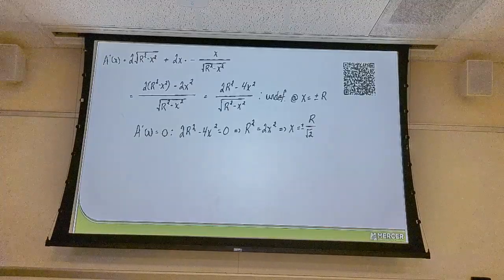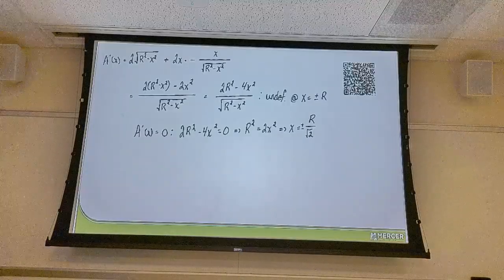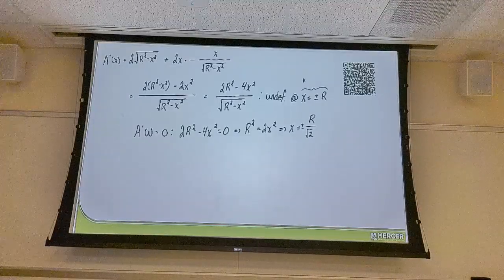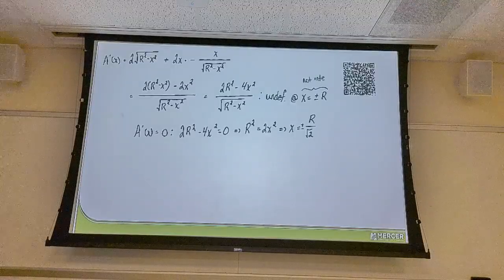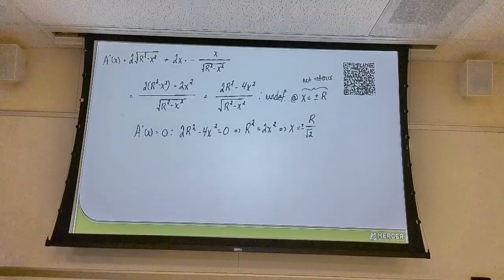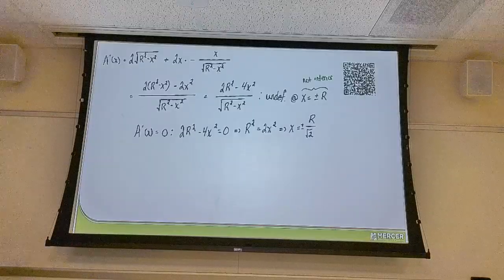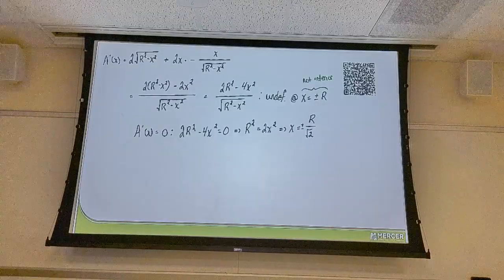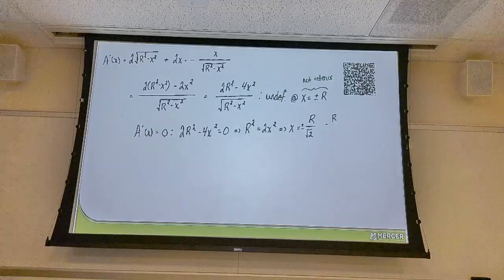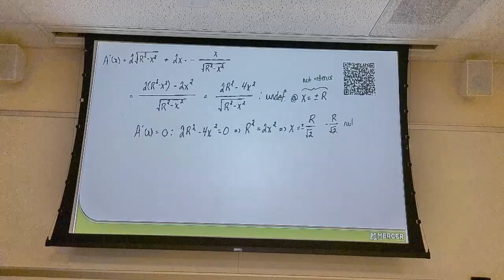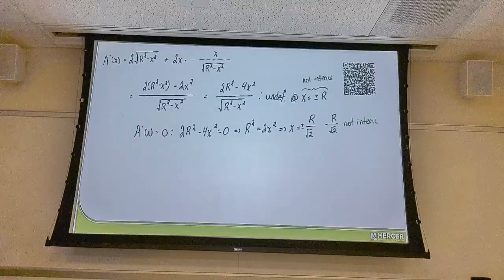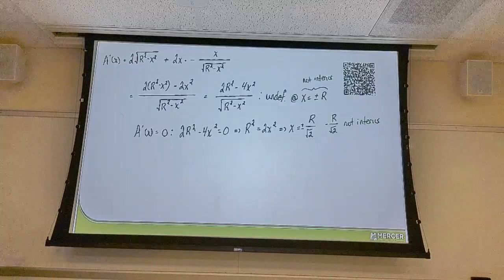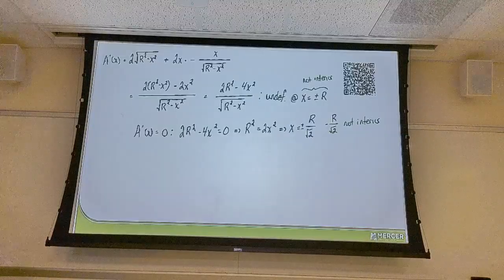Well, none of those are interior, right? You mentioned that. It's not in the domain. And only one of these will be interior. Yeah, I'm only writing that to show why I'm not going to include the value. We only have one critical point.